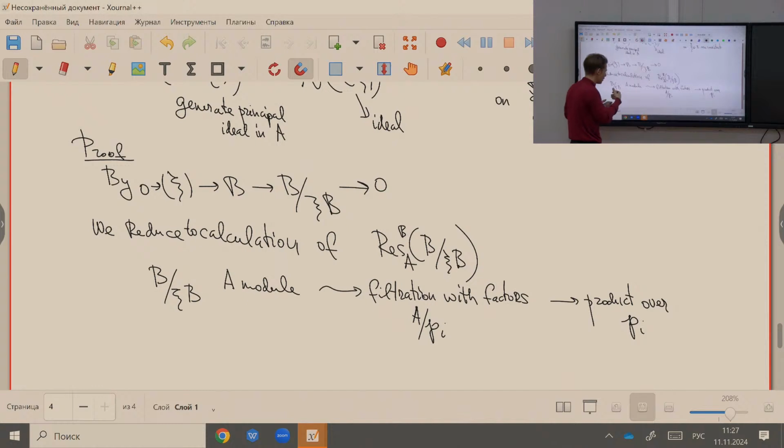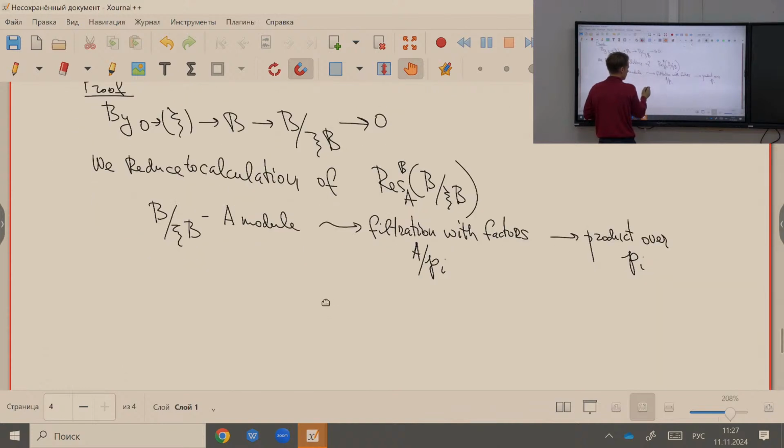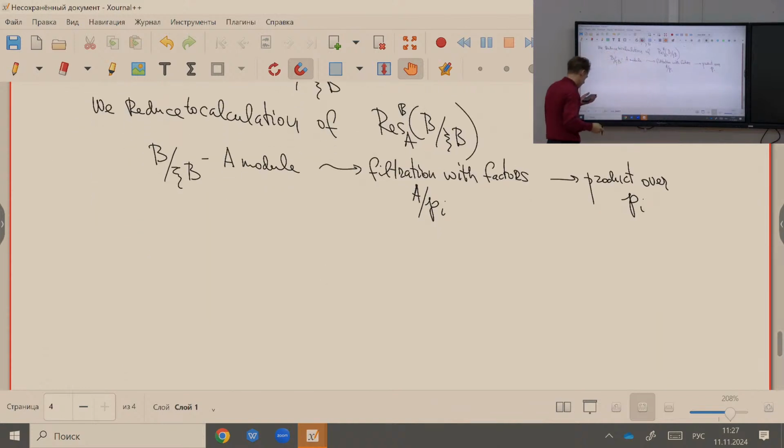I recall how we are calculating the determinant. So when you are taking this product, I claim that they are all maximal. If you take this filtration and localize it, so this is the remark.